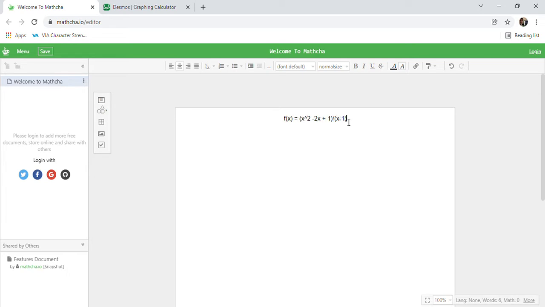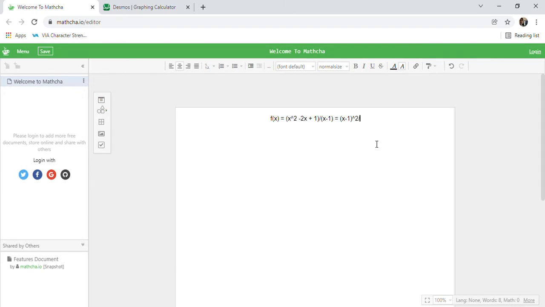x minus 1. Now, something you might see here immediately is, well, maybe not immediately. I don't blame you if it wouldn't be immediate, because it wouldn't be immediate for me either. It might take several seconds, but this x squared minus 2x plus 1 actually factors into x minus 1 squared.